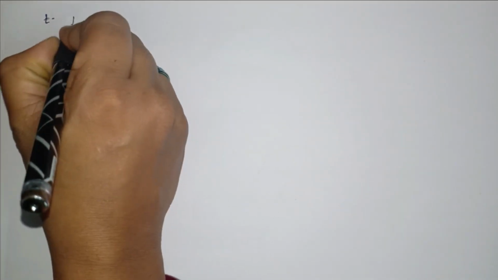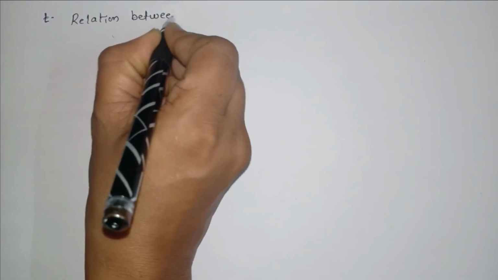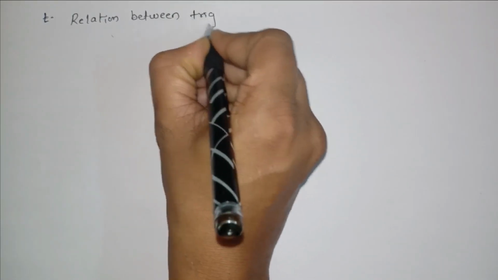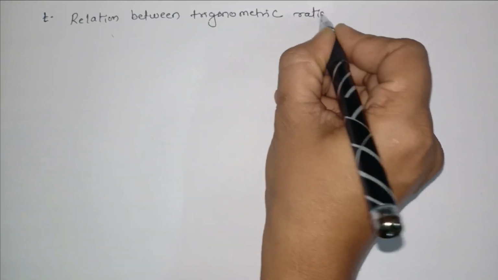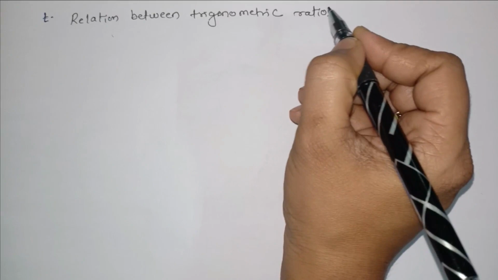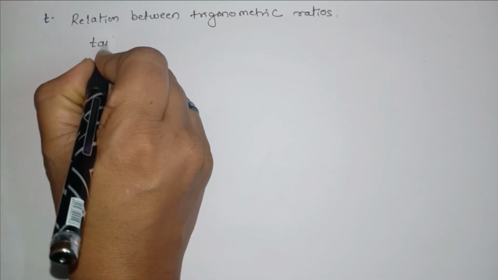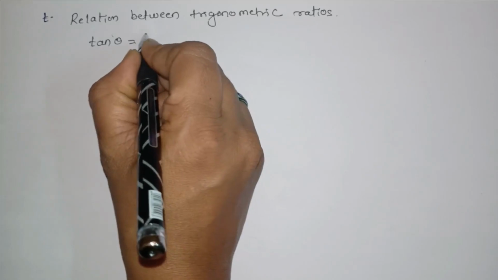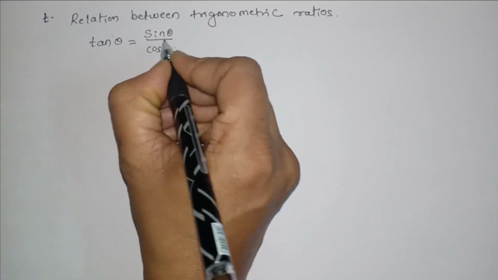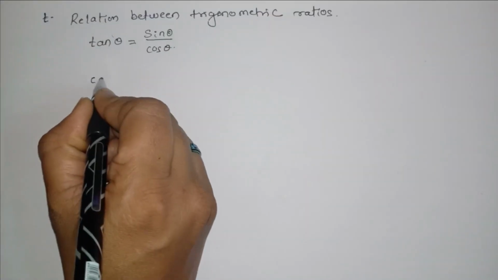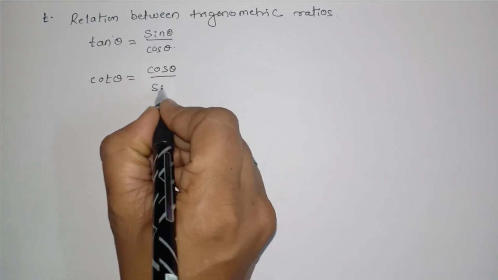So here, the relation between trigonometric ratios. Tan theta can be represented in terms of sin theta by cos theta, and in the same way cot theta can be represented as cos theta by sin theta.